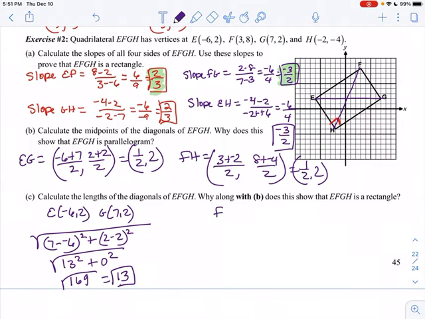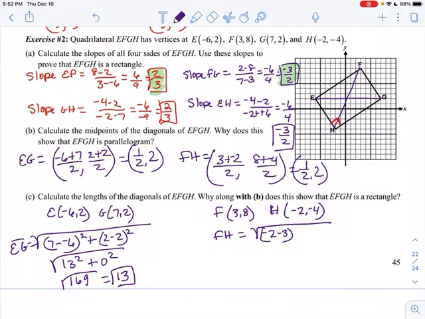And then I'm going to find the length of FH. So I'm going to write the coordinates down for F and H, just so I don't mess this up. So I got F and H, and I'm going to find the length of FH. And this was EG. All right, so FH. Again, I'm subtracting the x's.